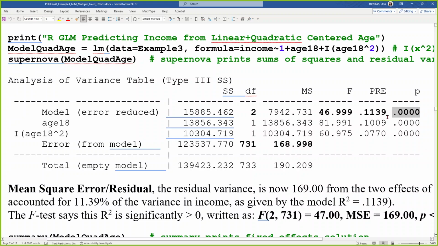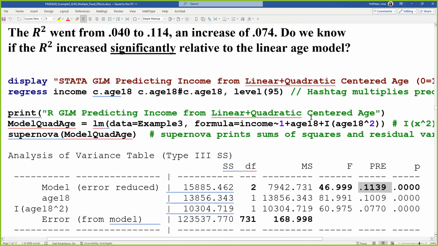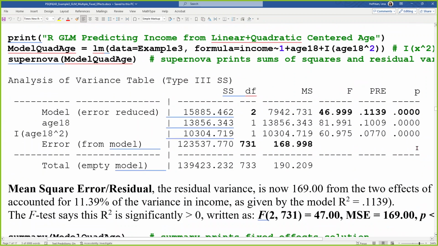So this p-value says, is this R² not 0? This R² is what it is now. This p-value is testing it. My question is about the increase. And is that significant? Is this a better model after adding the quadratic than having the linear slope only? That's the question. This p-value isn't going to answer that question.